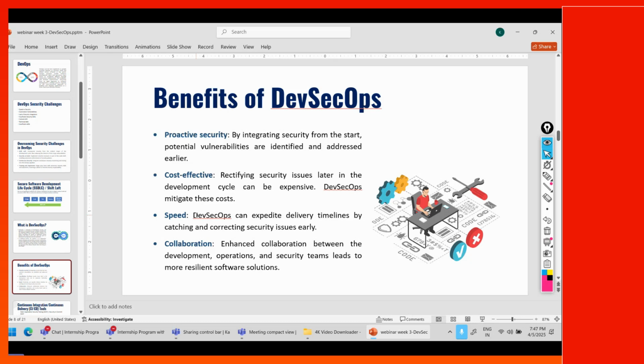It is also going to help you speed up through collaboration: enhanced collaboration between development, operations, and security leads to more resilient software solutions. Previously, pen testing was done as an entirely separate entity, with no day-to-day interaction, and it was predominantly once every 3 months at a bare minimum. In some cases, it is once a year for 1 week.